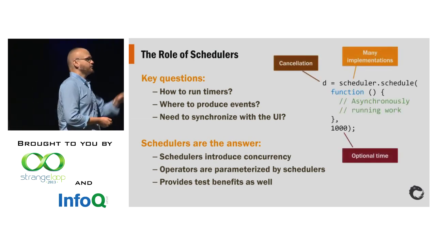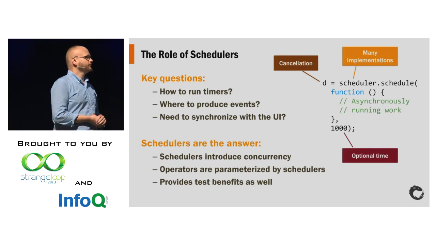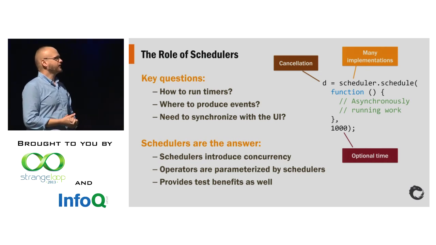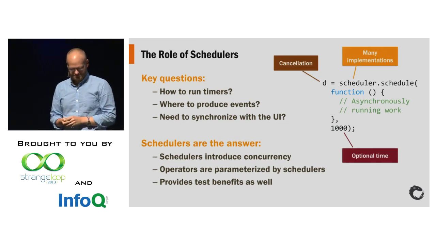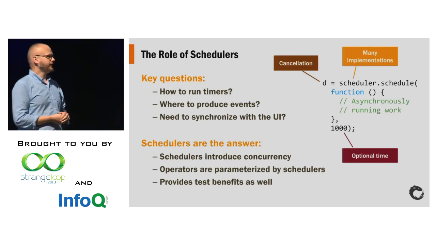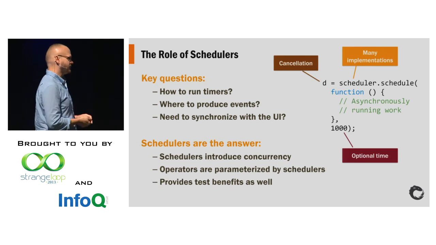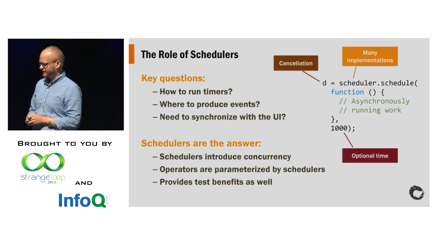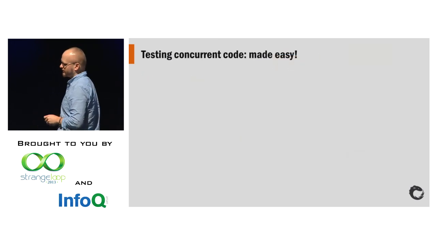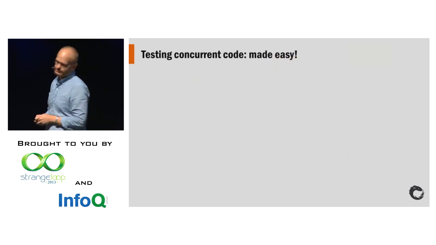What we have is many implementations of this scheduler, and then a schedule method that will asynchronously or synchronously run your code with an optional time, either in relative time or in absolute time. So for example, I could schedule something right now for next year's Strange Loop, all using a scheduler.